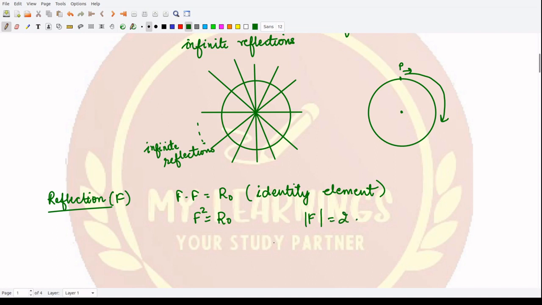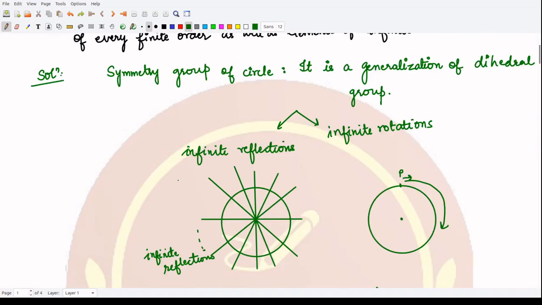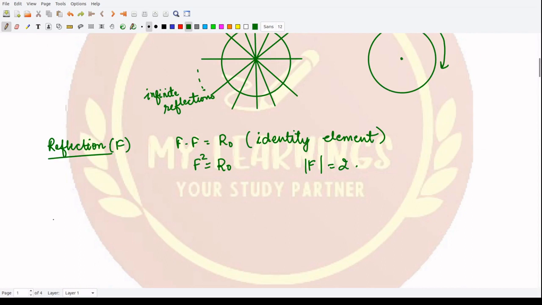So we have very many elements, all the reflections, which have order 2. But they are asking for every finite order. So the other elements should also have order 1, 3, 5, 4, 6, 7, 10, 50, 100 and so on. Therefore, let's talk about the order of rotations here.